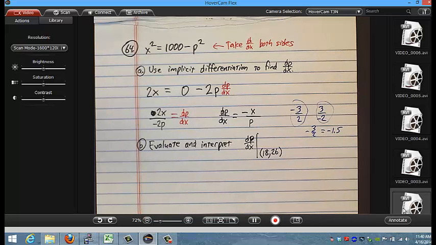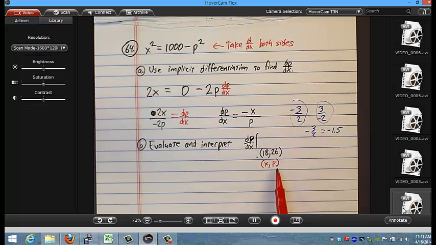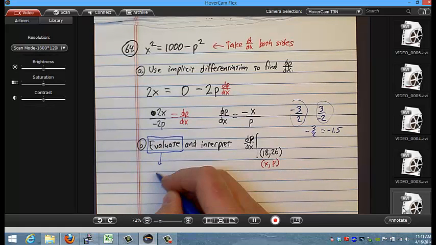Now I guess you have to know what's what. Normally our points are written x comma y. I'm going to presume that this is written as x comma p, because p is the function of x. It says dp dx, so I'm assuming that's what we have. So first thing you do is evaluate it, find the value of dp dx.